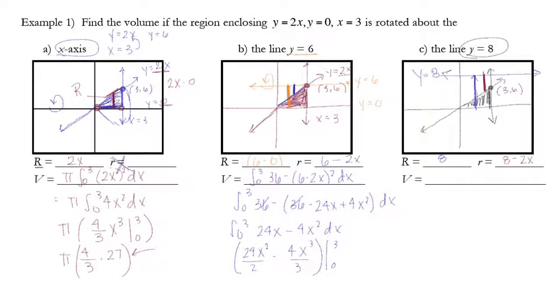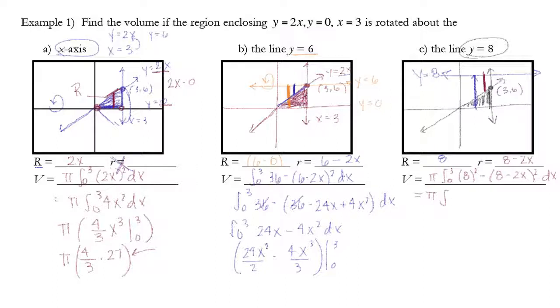So now I'm ready to fill in our volume formula. So the volume is going to be pi times the integral, and again we're still going from 0 to 3, and we have big R squared minus little r squared, so 8 minus 2x all squared dx. And then we can go ahead and solve some of this.